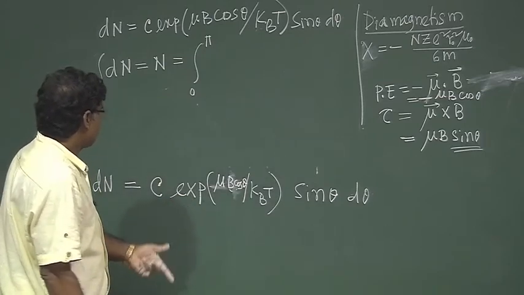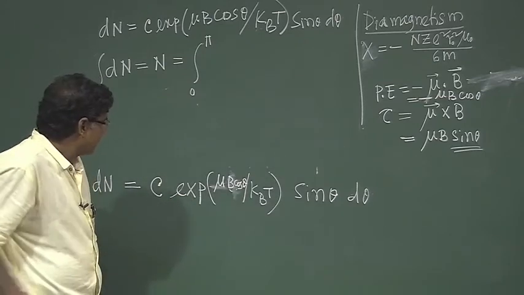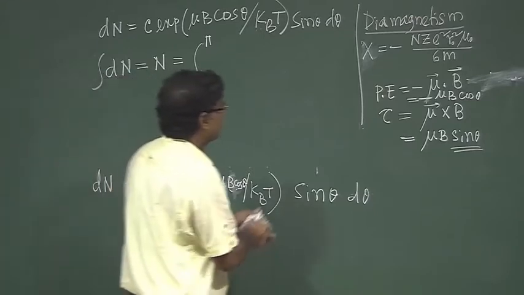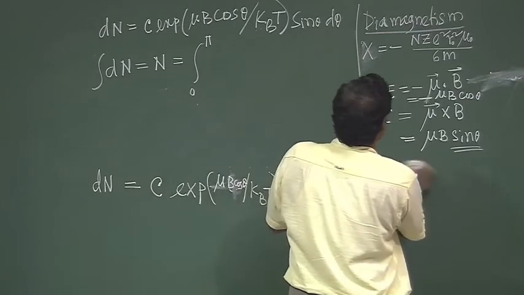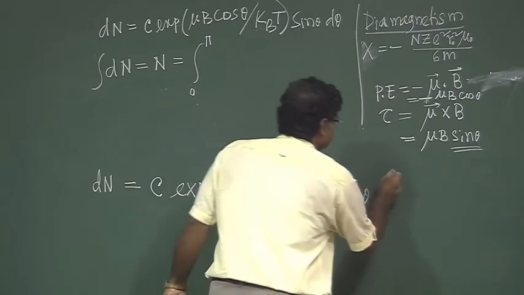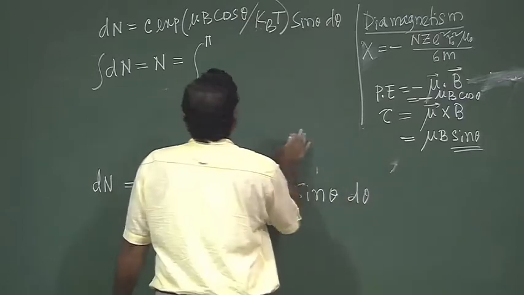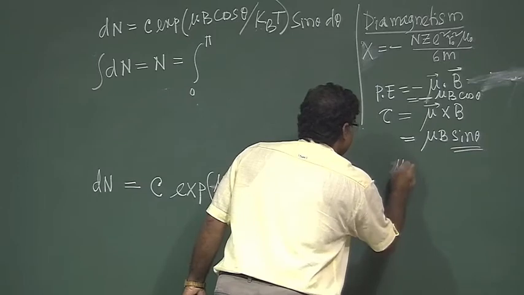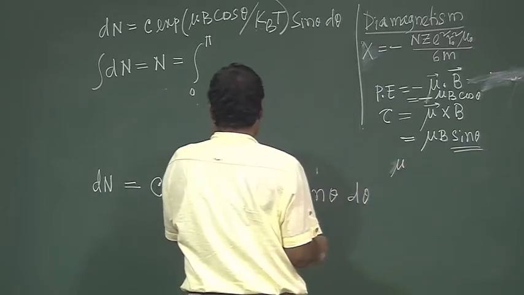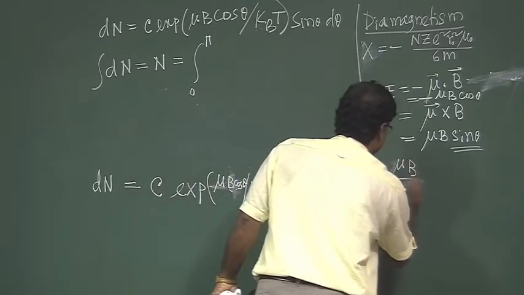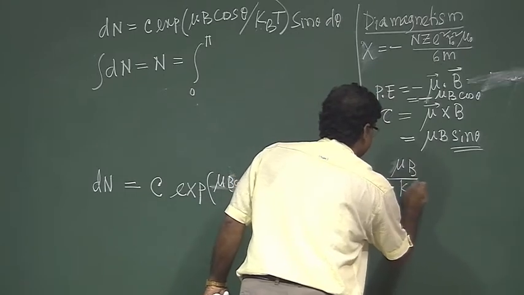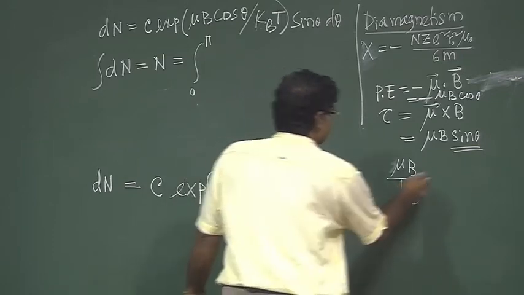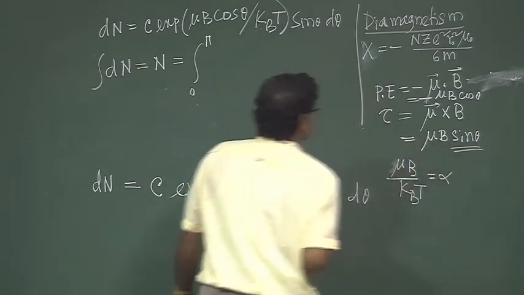So I can take mu b by kbt, that is equal to alpha, right.